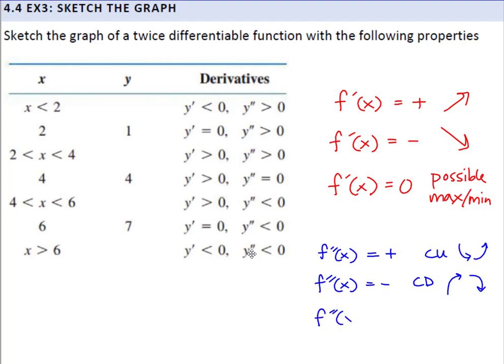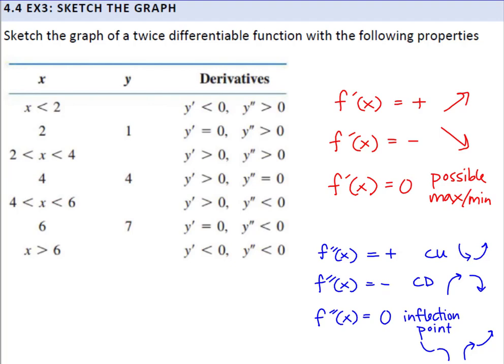And second derivative equal to 0 may represent an inflection point where the concavity changes, so we change from concave up to concave down. All right, also the second derivative being positive or negative lets us know if something is a max or a min. So that's the second derivative test for extrema.